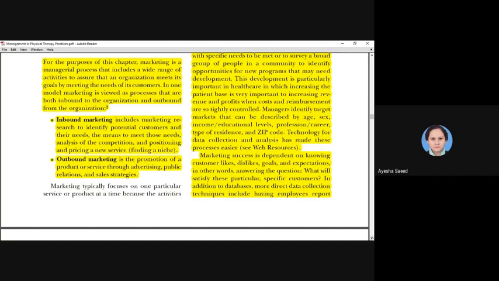Managers identify target markets that can be described by age, sex, income, educational levels, professional career, type of residence. Technology for data collection and analysis has made these processes easier.